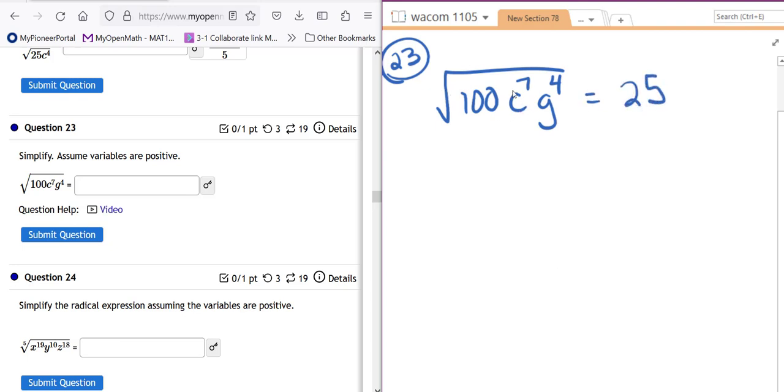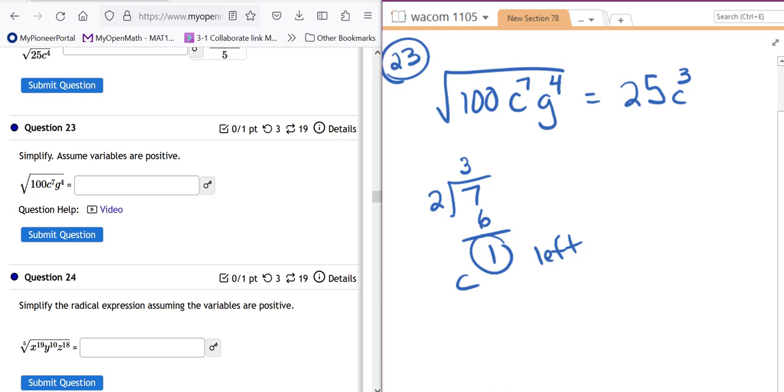The c to the 7th, we're going to get a remainder, so we're still going to get a radical back there. We'll divide. 2 into 7 goes 3 times. 3 times 2 is 6. 1 left over. So you're going to take 3 c's outside, 1 c left inside.